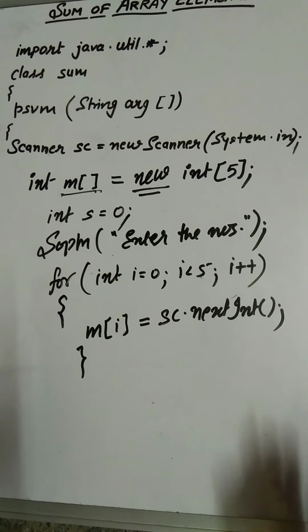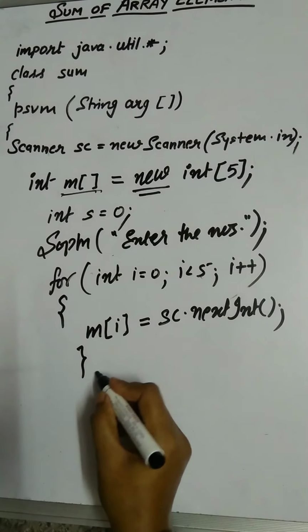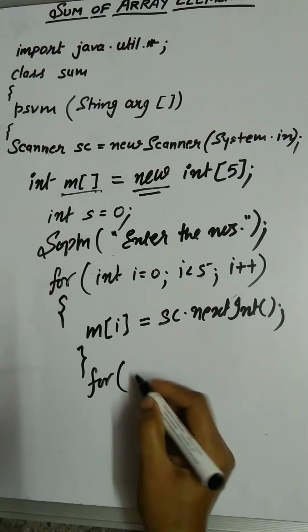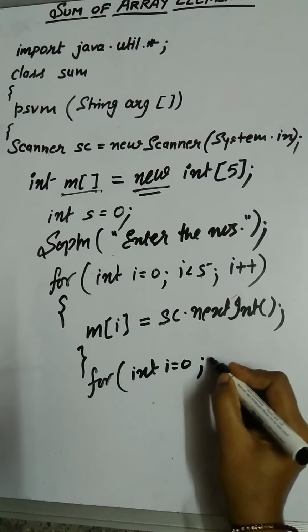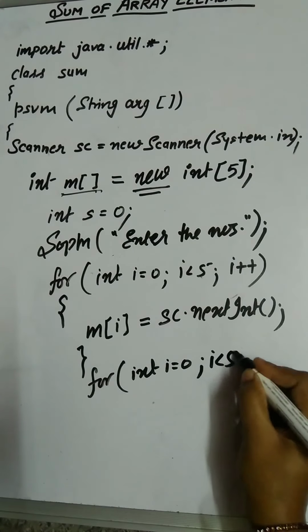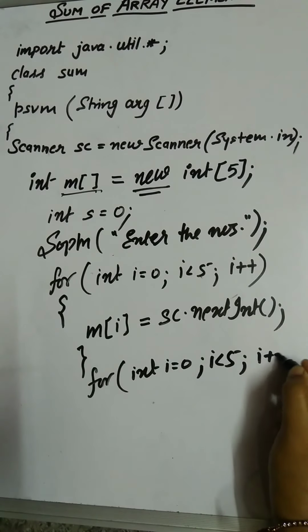After entering the elements, we close this loop. Next, now that we have entered the values, we have to calculate the sum of the array elements. So again I am writing here int i = 0, i less than 5, i plus plus.